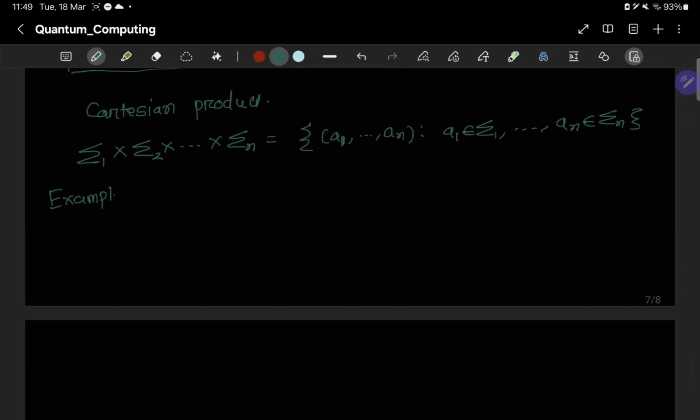Our example consists of three individual systems, with classical state sets sigma 1, sigma 2 and sigma 3.